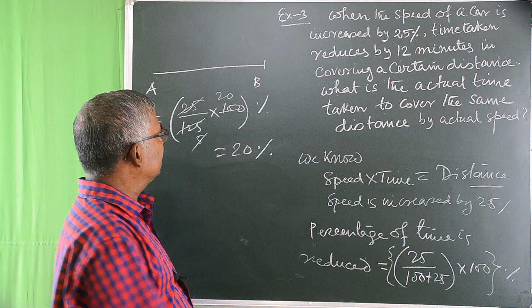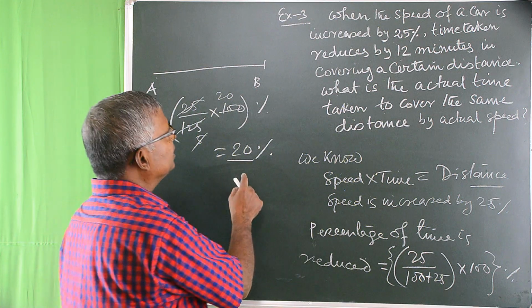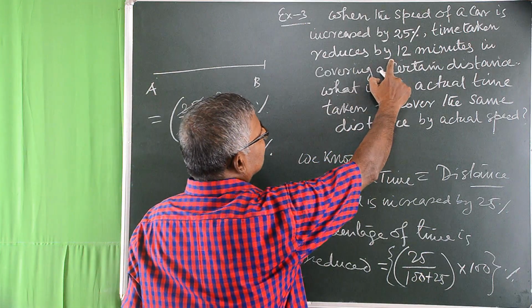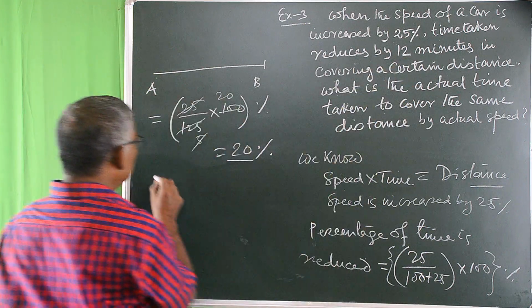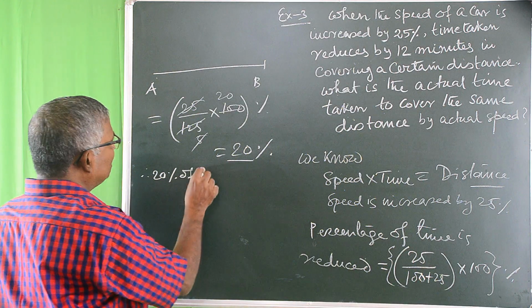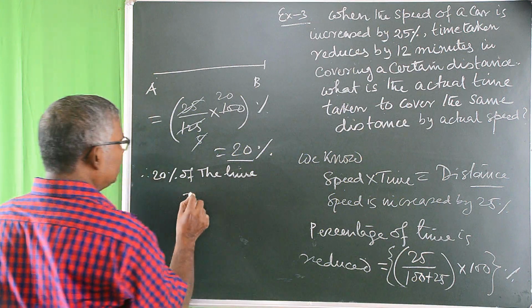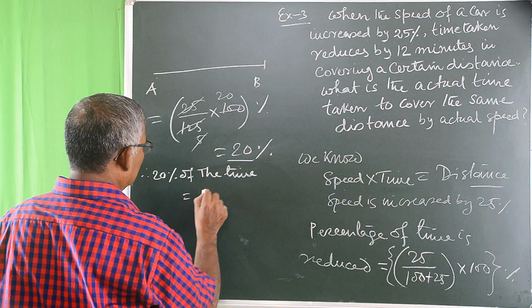So we get 20% of the time is saved, but given that 12 minutes is saved, therefore 20% of the time equal to 12 minutes.